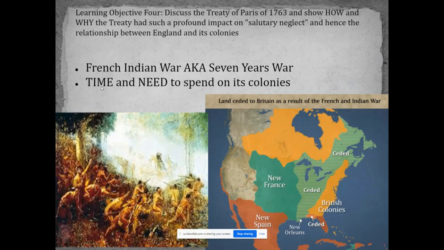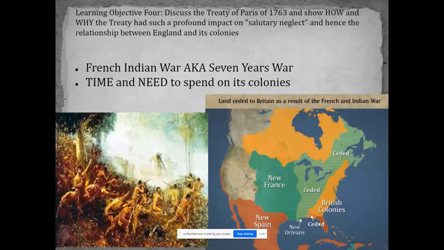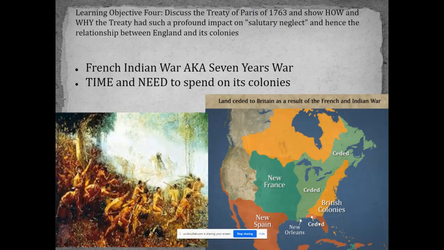The French-Indian War creates a time and a need to spend time on its colonies. The time comes as a result of Great Britain winning against France and also Spain. And so they're not dealing with the external threat of France and to a lesser degree Spain by 1763 as a result of this war.